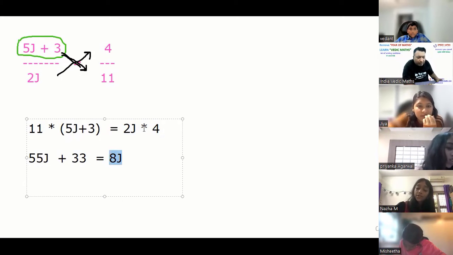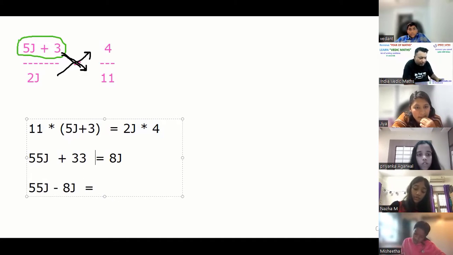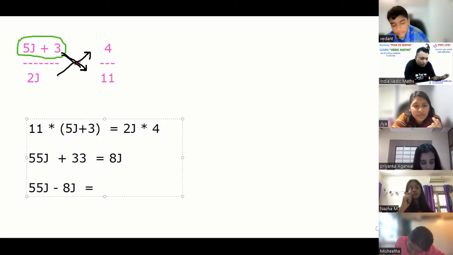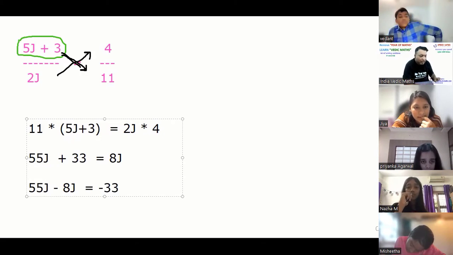So the 8j will go to the left. 8j will move to the left side. Is it correct? Yes. And positive 33 will move to the right side and it becomes negative 33. Very nice. How much is this?